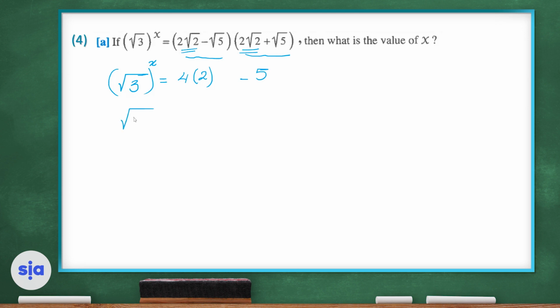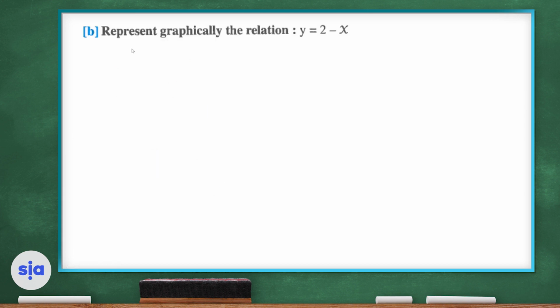So square root of 3 to the power of x equals 8 minus 5, which is 3. Then you're going to tell me the square root of 3 to the power of what equals 3? Yes, excellent. Square root of 3 all squared equals 3. Then x equals 2.